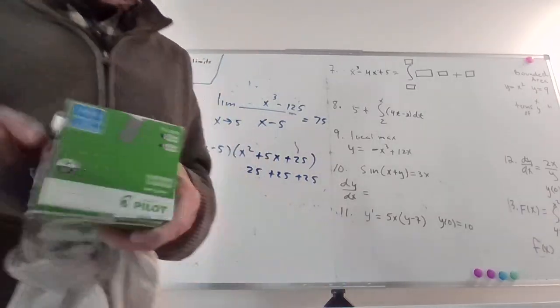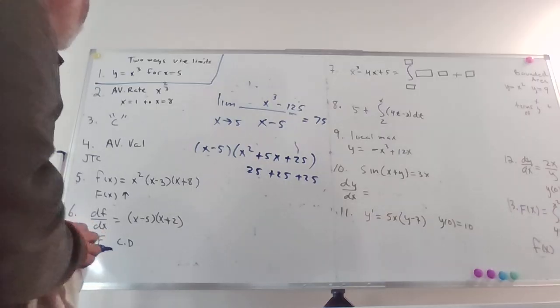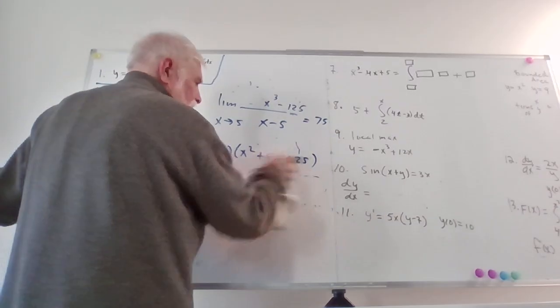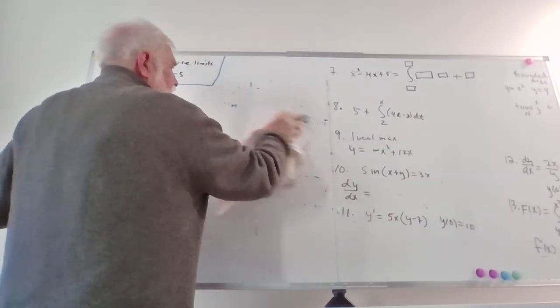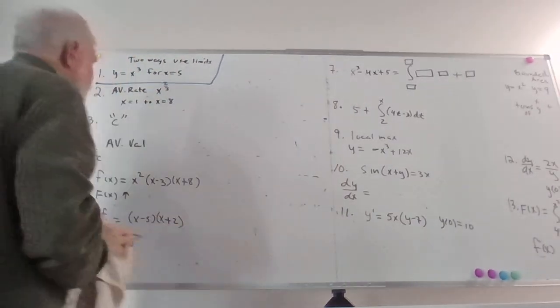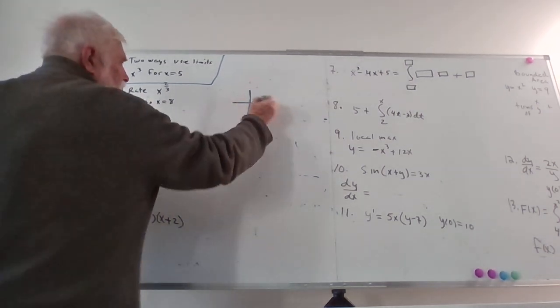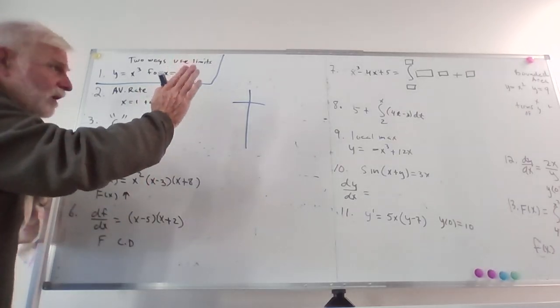All right. But I think repetitively hearing this stuff will have a positive impact on you, on your foundation. Because if you can connect things to a picture, you're flying high. All right, average rate for x to the 2/3, which is a graph that fits in between y equals x and y equals x squared.